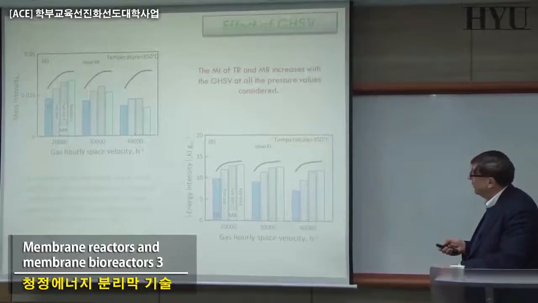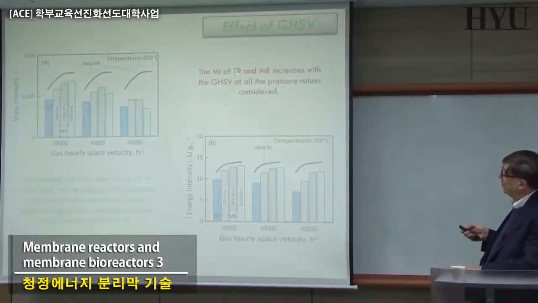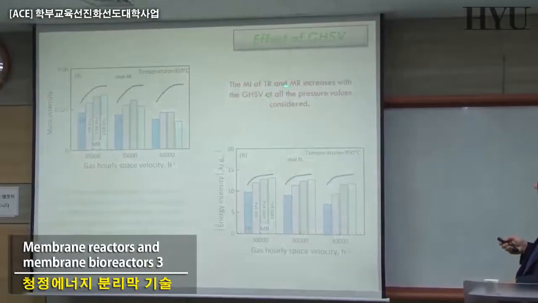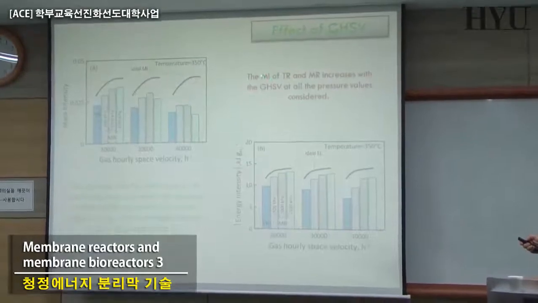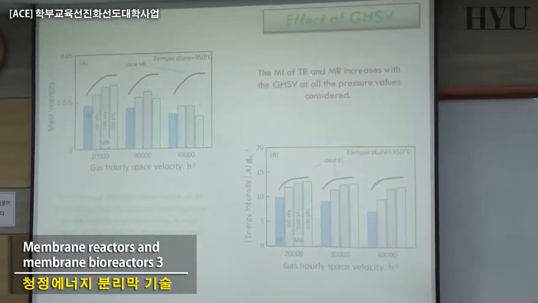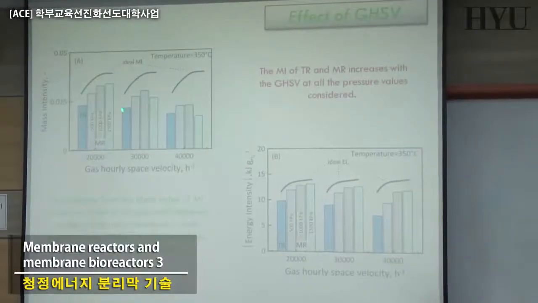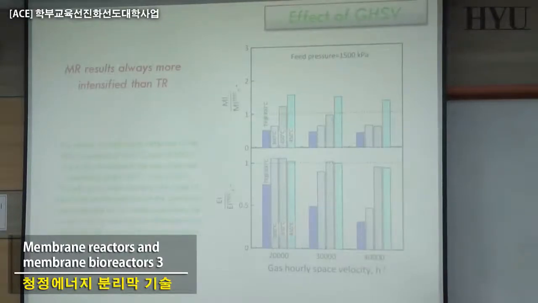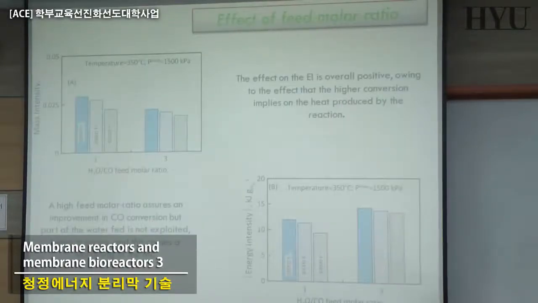Again, the intensity, for both membrane reactors and traditional reactors, is increasing with the gas hourly space velocity. But at the end of the story, there are a lot of these evaluations you can do, such as the effect of the feed molar ratio, and so on.